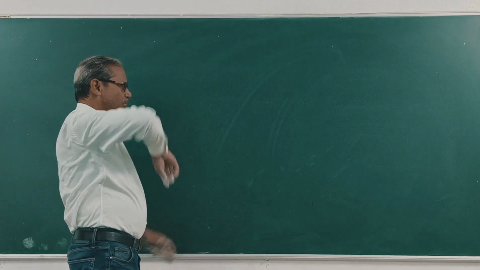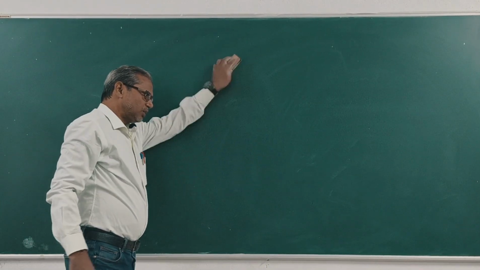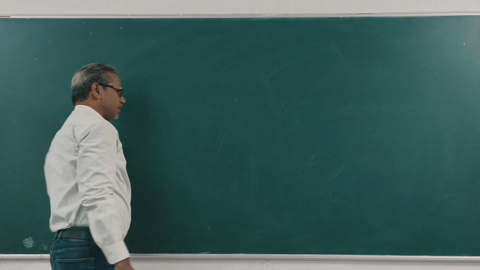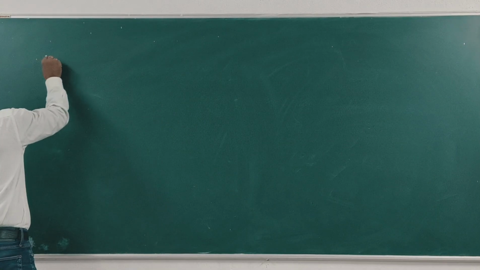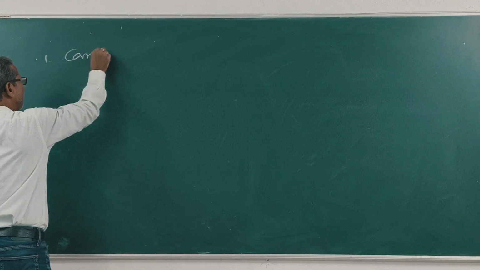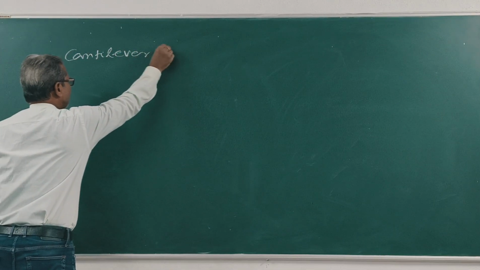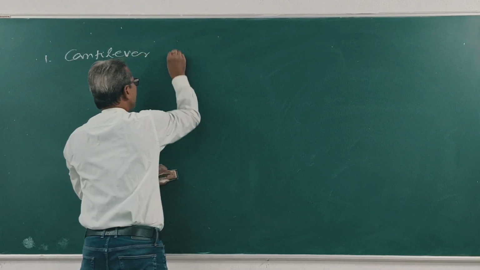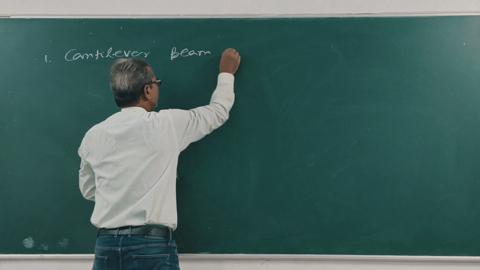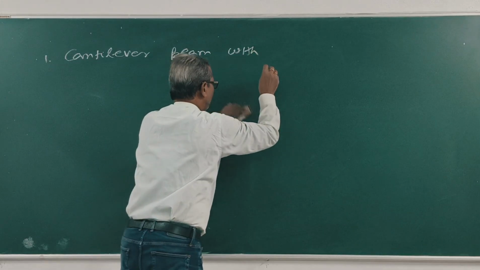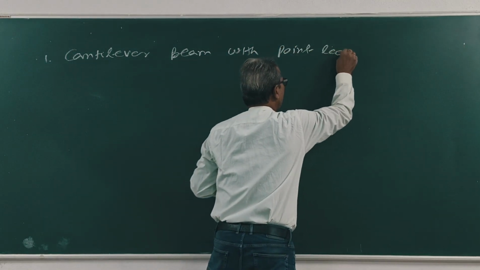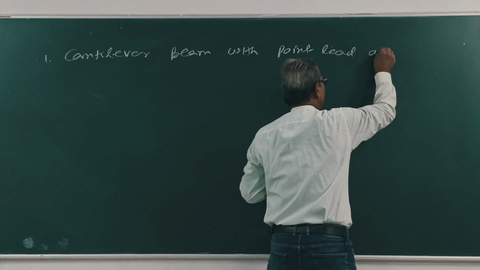Now we will draw shear force and bending moment diagrams for different types of beams. Number one, cantilever beam with point load at the free end.